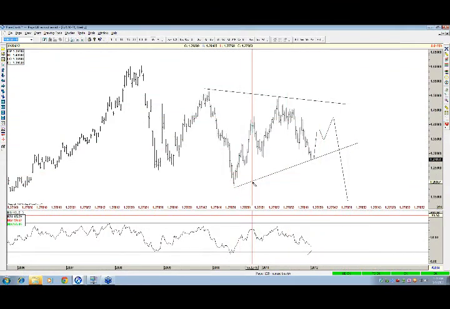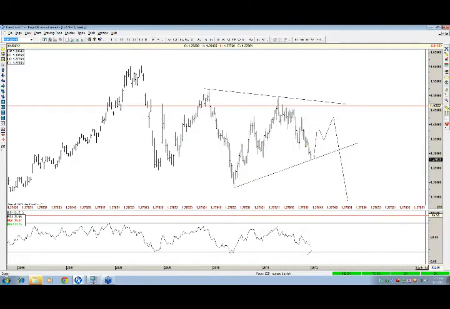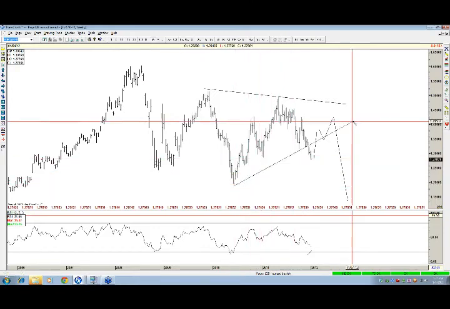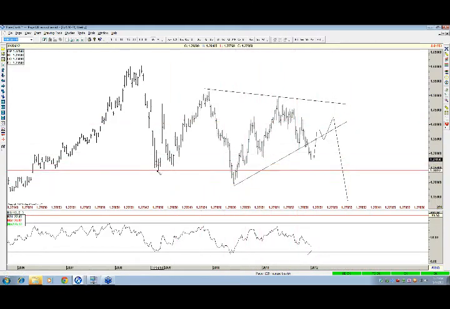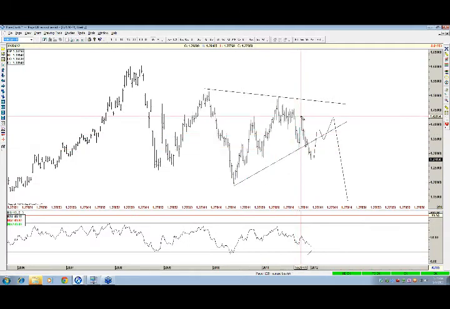Or this trend line took place already right here, and then you have the same triangle where you have A, B, C, D, E, and it's already thrusting.